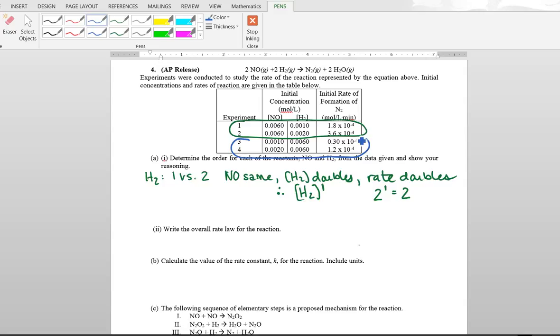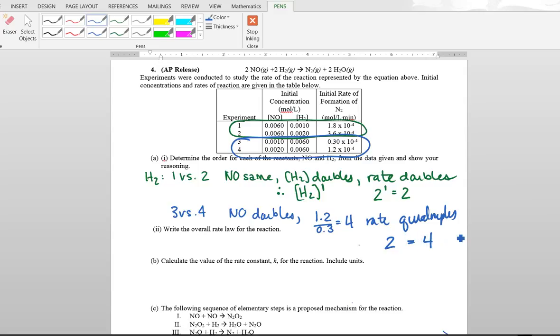So if we compare experiments 3 versus 4, the NO concentration doubles and H2 is staying the same, it looks like the rate goes from 0.3 to 1.2. So the rate quadruples. So when NO doubles, the rate quadruples, therefore this exponent must be a 2.